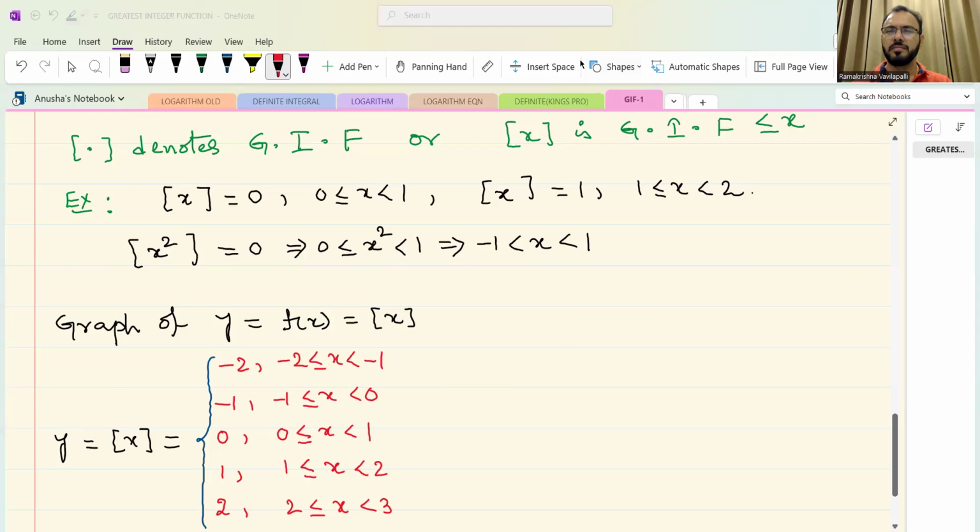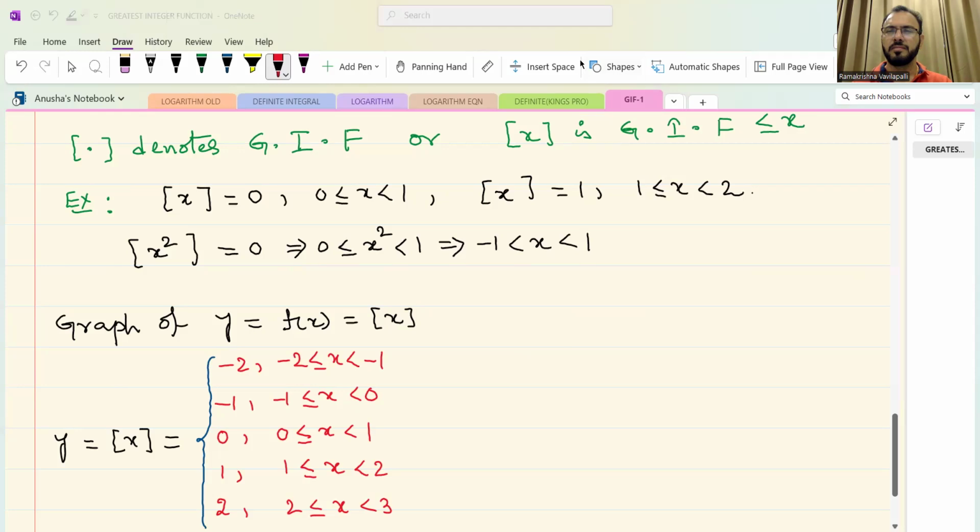So here I'm going to draw the lines parallel to the x-axis. Here this red line represents the x-axis. The equation of the x-axis is y equal to 0. Any point on the x-axis is like x comma 0, so the y coordinate is 0.